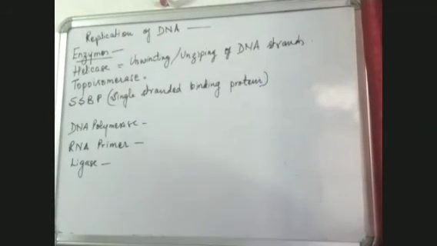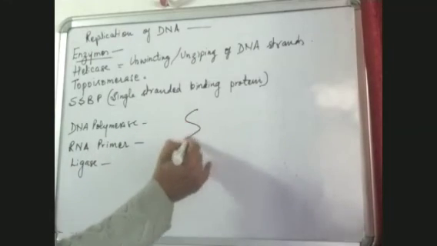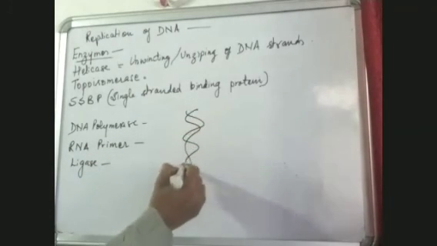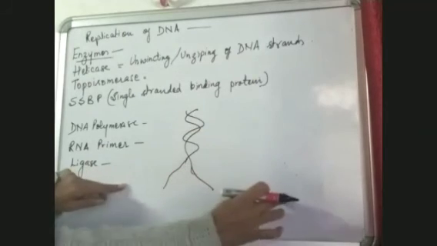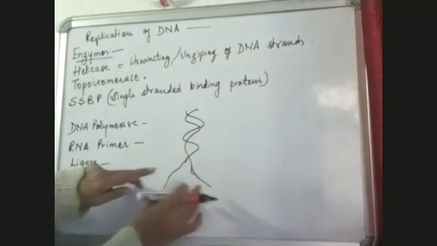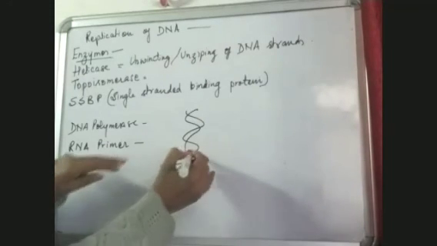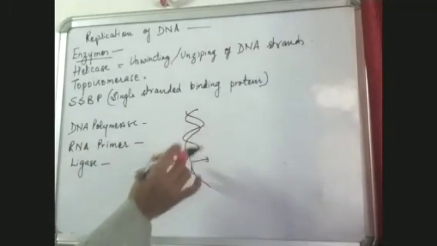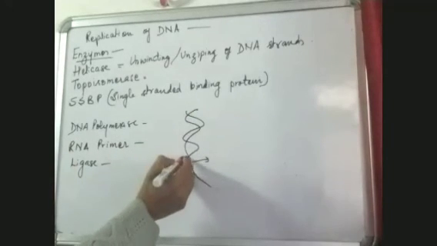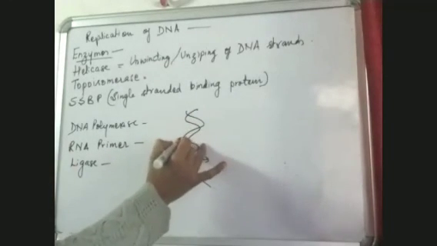Now see, suppose these are the two strands of DNA. When they unwind, when they open up, they will stretch from here and go apart, towards this side and this side. What happens? The coiling here, when the strands are going apart, will become tightened.